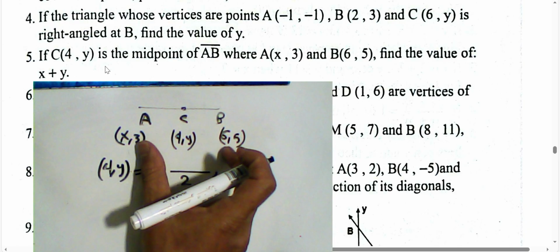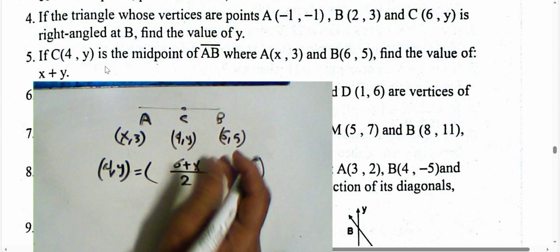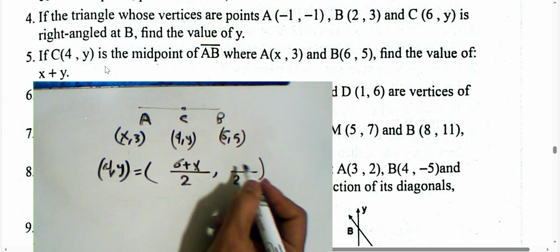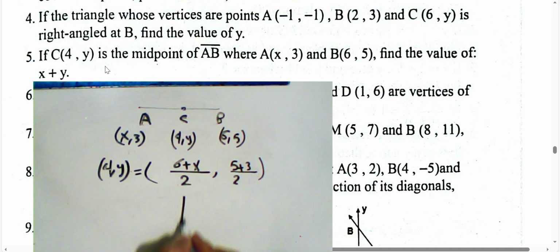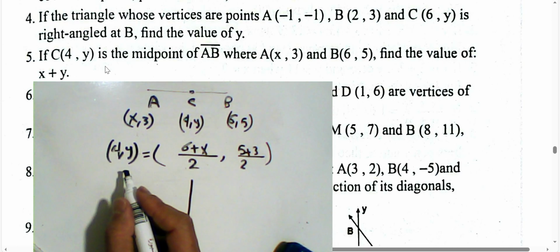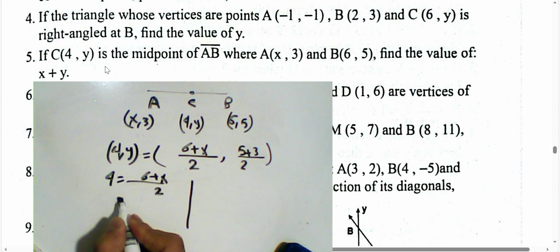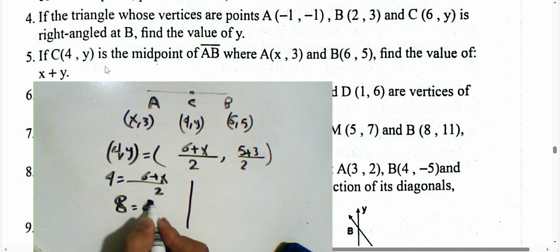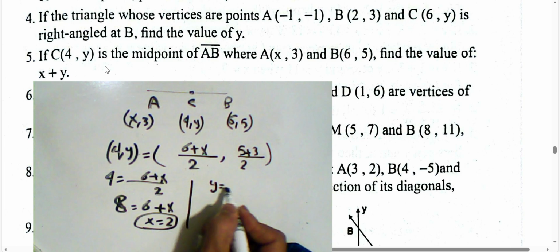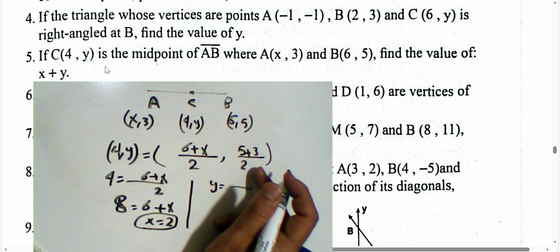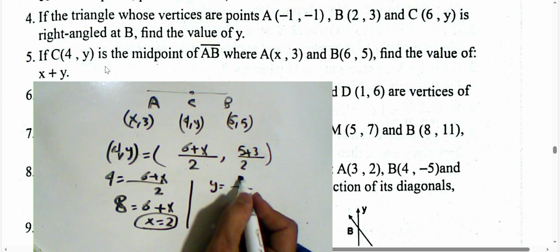We can write 6 plus x divided by 2 and 5 plus 3 divided by 2. For the first coordinate, 4 will be equal to 6 plus x over 2. 2 times 4 equals 8, equals 6 plus x. Then the value of x equals 2, and y equals 5 plus 3, 8, divided by 2, 4.